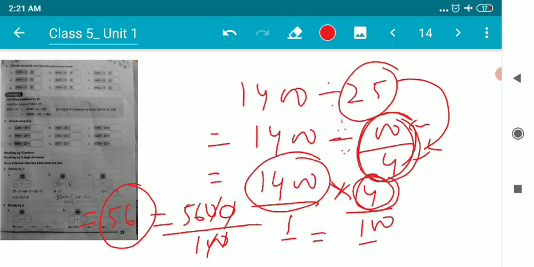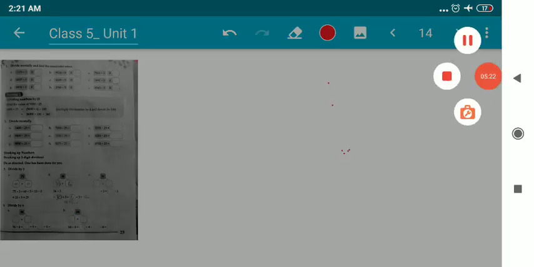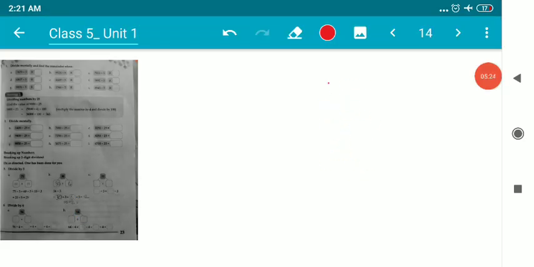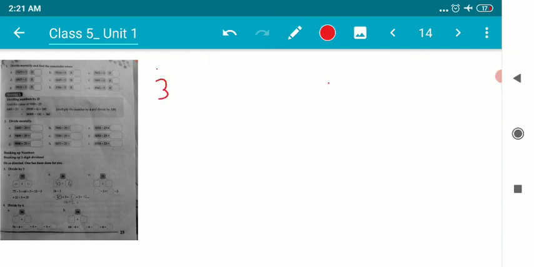Let me explain one more sum from here, which is really very interesting. Question number 3: 75 to be divided by 3. I'm just going to divide 75 by 3.